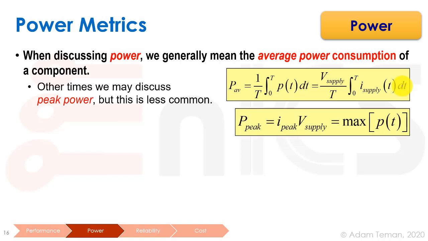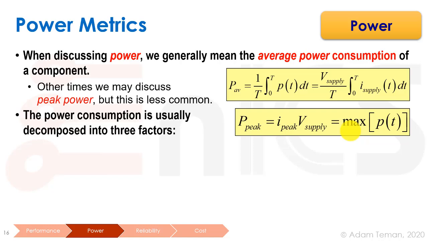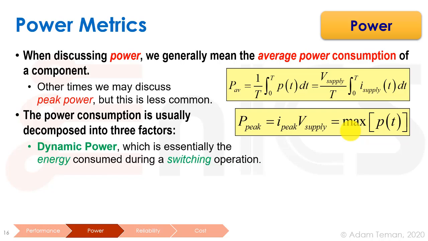Other times we may discuss peak power, but this is less common. And peak power would be the maximum current we have times this VDD or supply voltage. That will be the max of all the instantaneous power. So the power consumption is usually decomposed into 3 factors. Dynamic power is essentially the energy consumed during a switching operation.